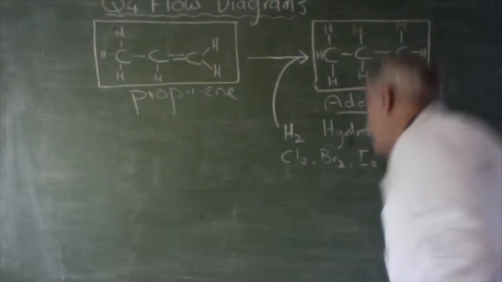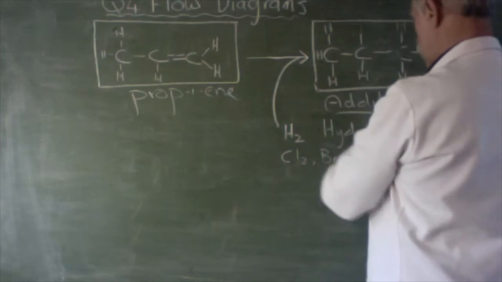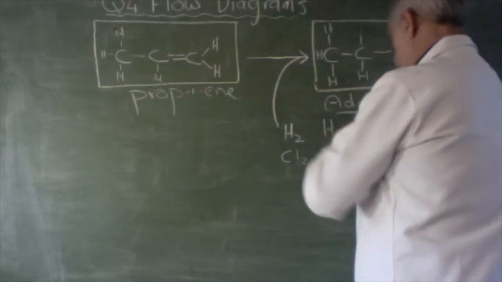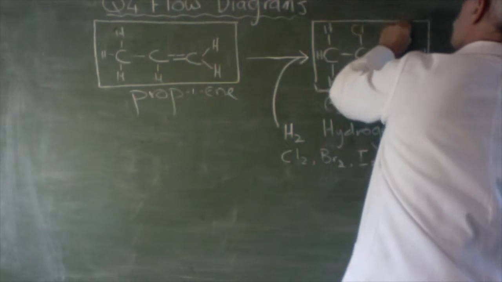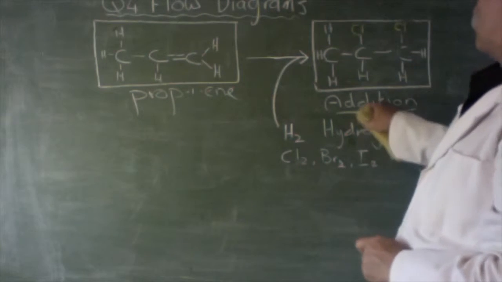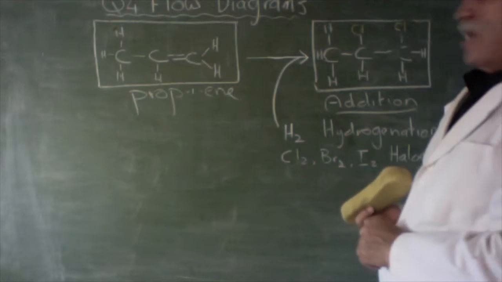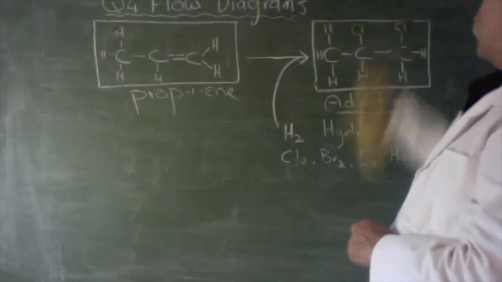So instead of having a hydrogen there, we might have, for example, chlorine. So let's get rid of the hydrogens and let's make this chlorine. We're still adding something, so it's an addition reaction, but we're adding halogens, halogenation. And so there we've got now our 2 chlorines instead of hydrogen.